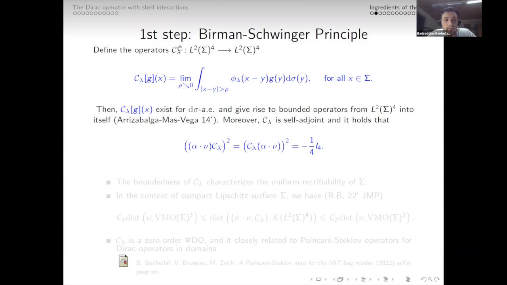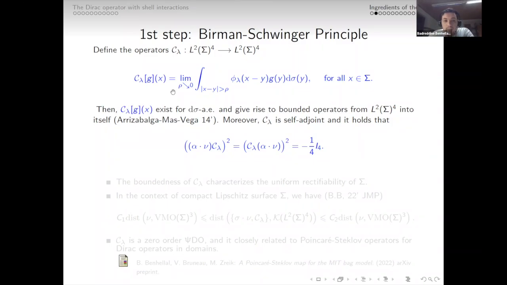Let us define this Cauchy operator associated with H0 minus lambda. This operator is defined in the principal value sense, so it acts from the boundary to the boundary. This Cauchy operator is a classical object from harmonic analysis, and the story about its boundedness and existence is long and goes back to Calderon, Zygmund, David and Semmes, and finally a theorem by David and Journé, where they show a general result.